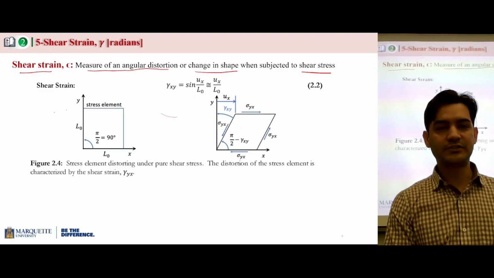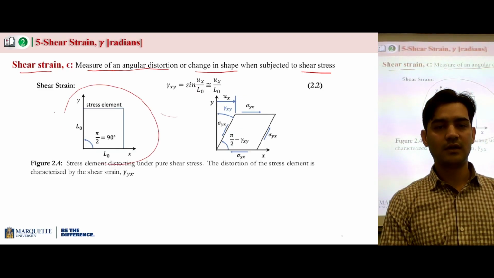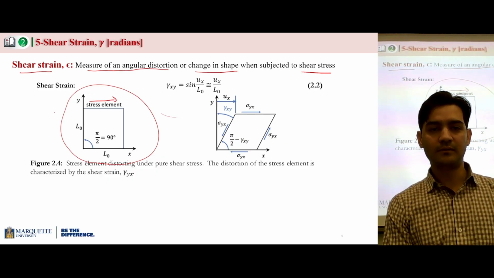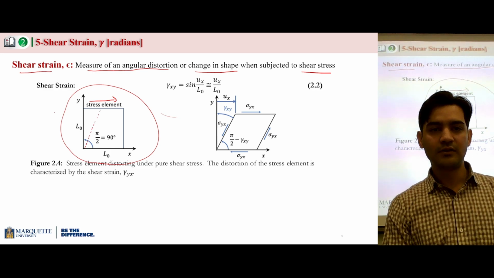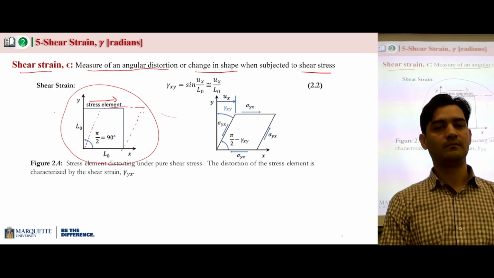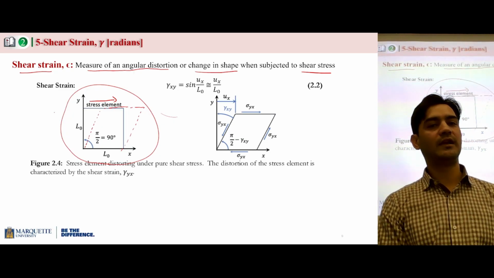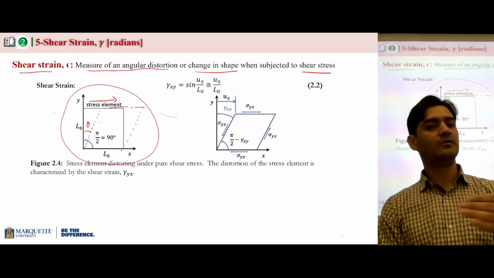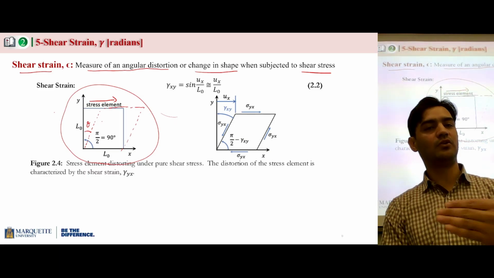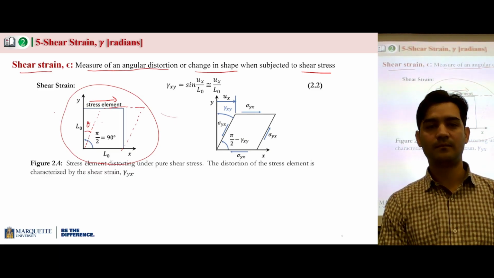So for example, this is a stress element. I've drawn it two-dimensional. So if you apply a force here, what you will see is that you will have a change in shape. So whenever you have an angular distortion, then this type of strain will be called shear strain.